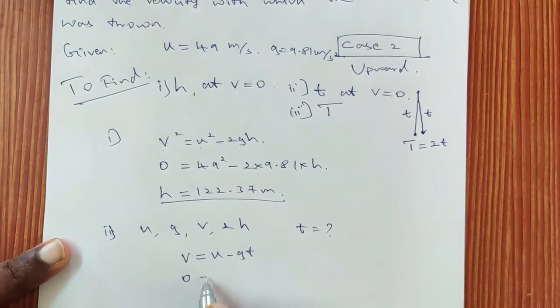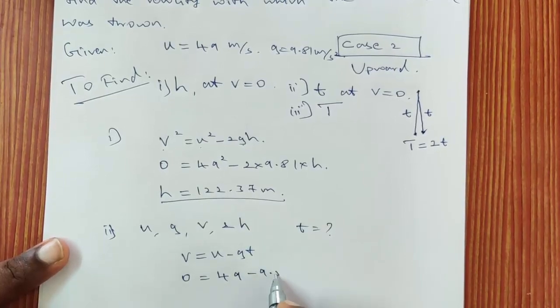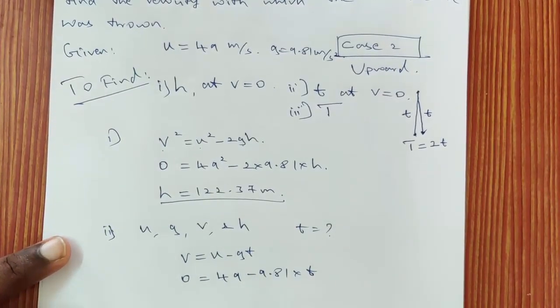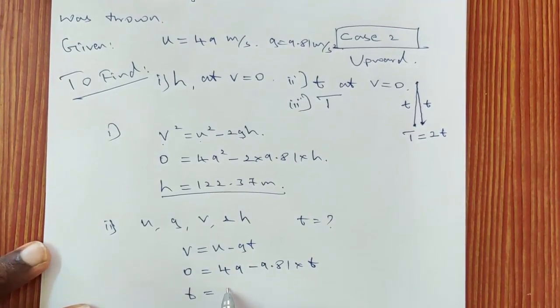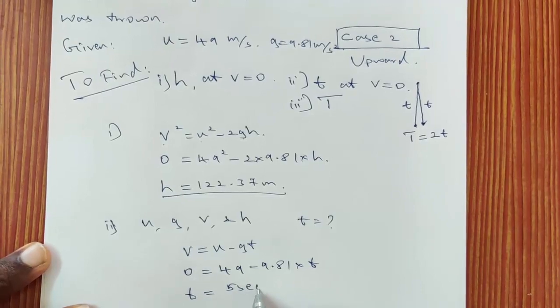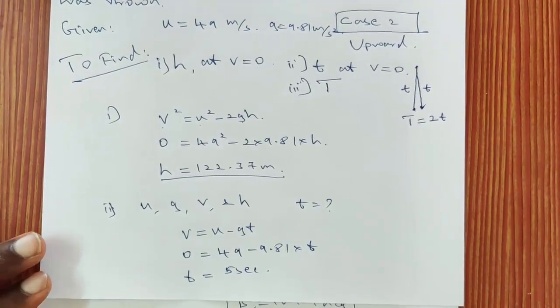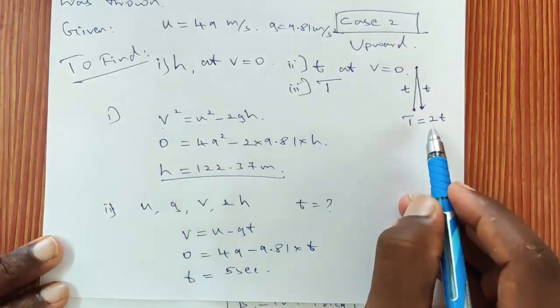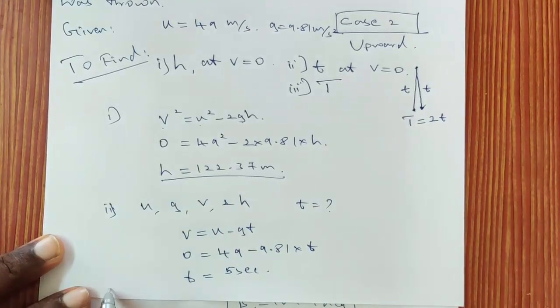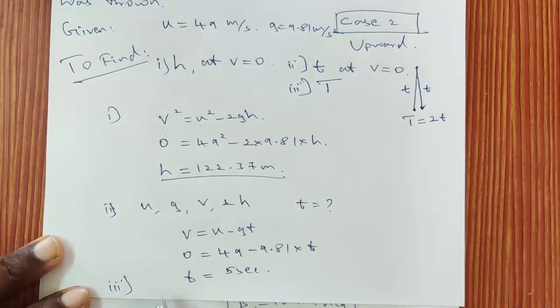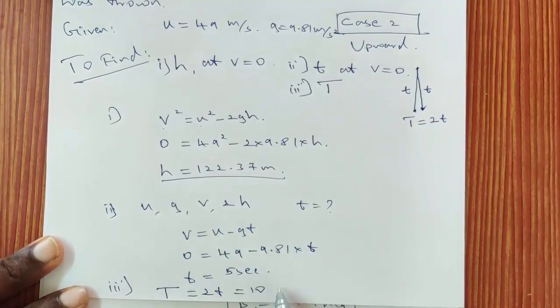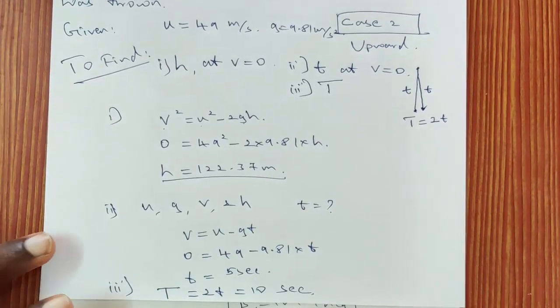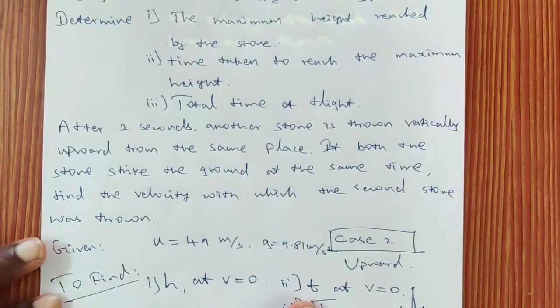The v is 0, the u is 49 minus 9.81 into t. If you solve this, you will get t is equal to 5 seconds. And I have already told that the capital T is equal to 2 times the small t. So the total time of flight T is equal to 2t, that is equal to 10 seconds. So this is the first part of the problem.